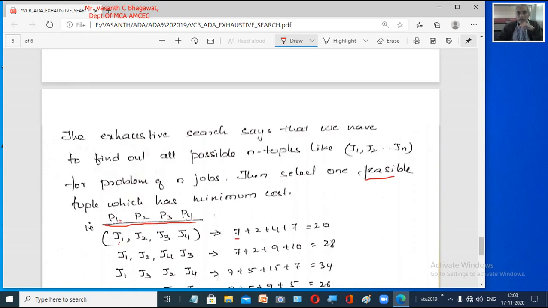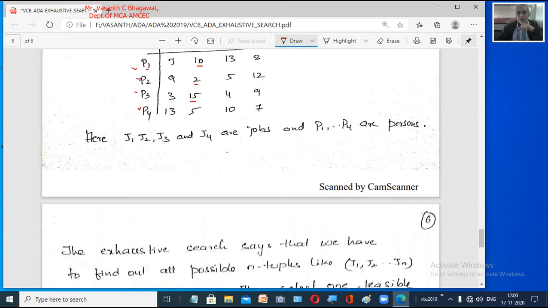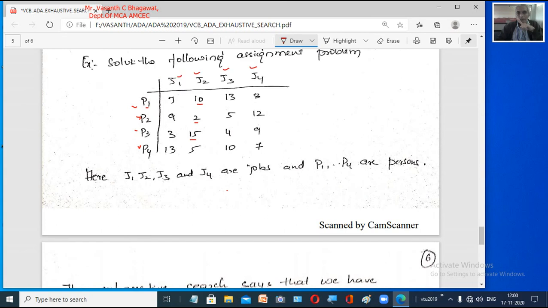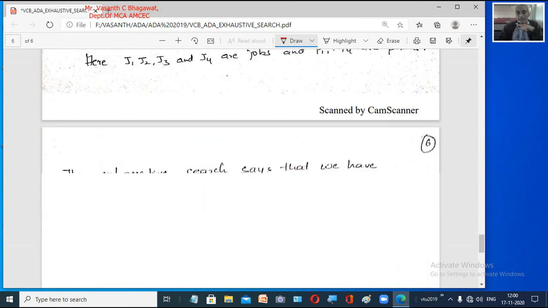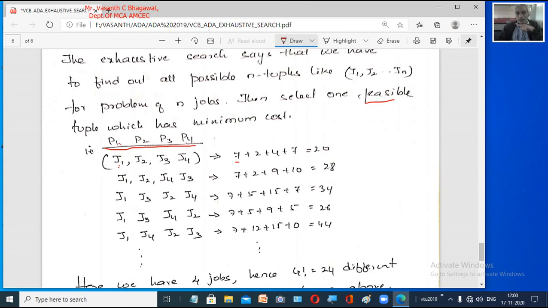For the first person P1, first job J1, how much time does he take? He takes 7 units of time. So we will write here 7, because when you assign the first job to the first person, the total time he is going to take is 7.